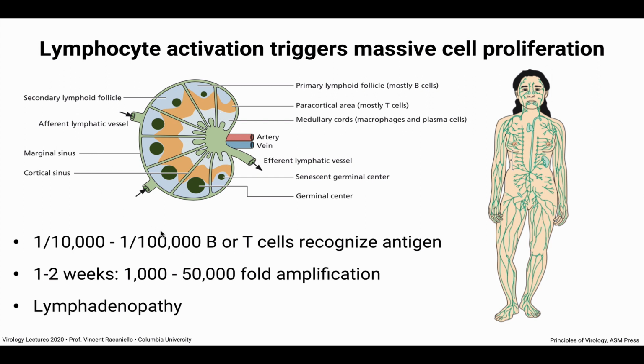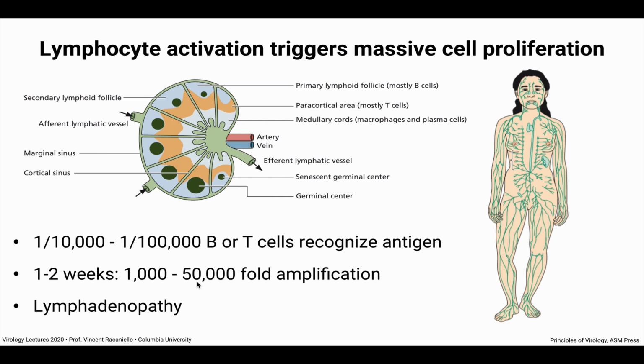Typically, in us, any antigen is only recognized by between 1 in 10,000 and 1 in 100,000 B or T cells. There are many B and T cells in us, but very few are actually specific for any given antigen. However, when a foreign antigen is encountered by a dendritic cell and is presented to a T cell in the lymph node, within 1 to 2 weeks you have 1,000 to 50,000-fold amplification of those specific T cells and B cells.